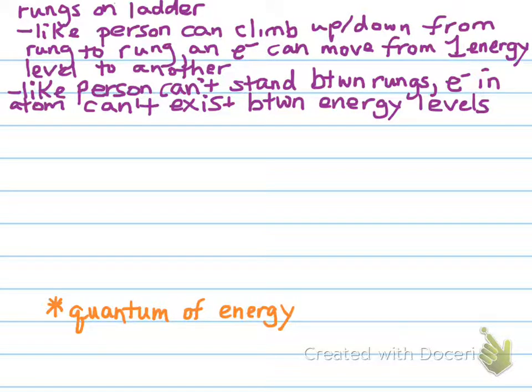So he's saying a person who's climbing a ladder can't stop in between the two rungs. The same thing is true of this electron. This electron can't stop somewhere between these energy levels. It's either in the next higher energy level or in the lower energy level. It's not somewhere in between.